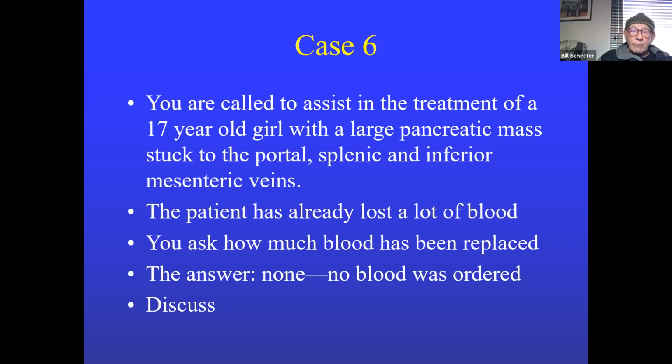The guy who saved the patient's life was the resident, who somehow didn't accept no for an answer, and during the night was able to get 3 units of blood for her. We transfused her up, went back, got the vessels off the tumor, and did a distal pancreatectomy. She went home.